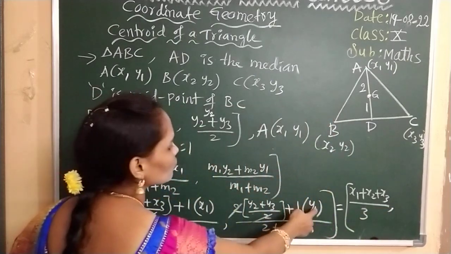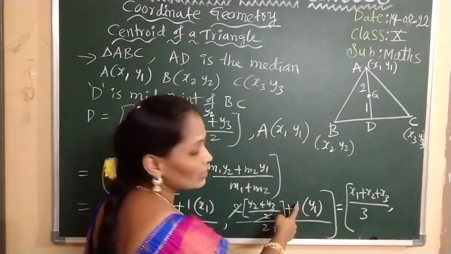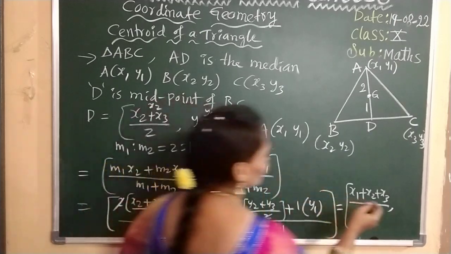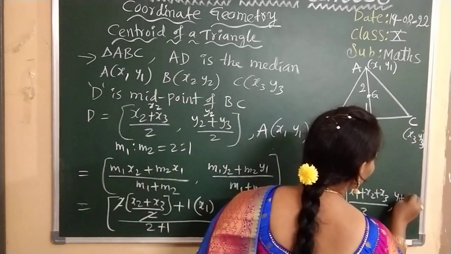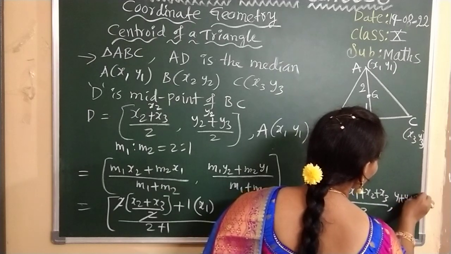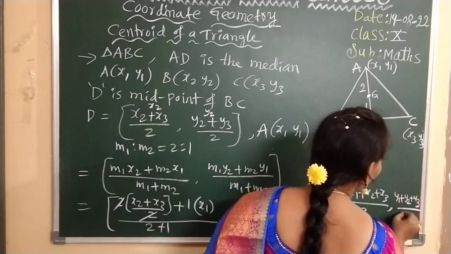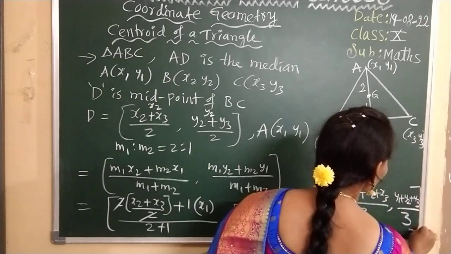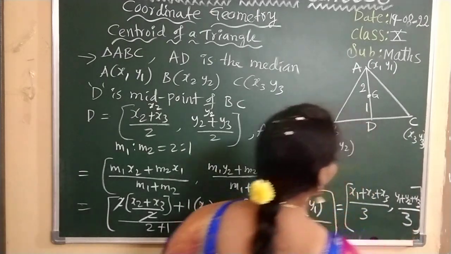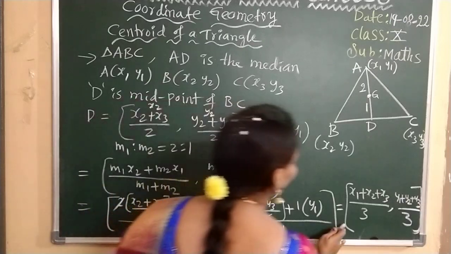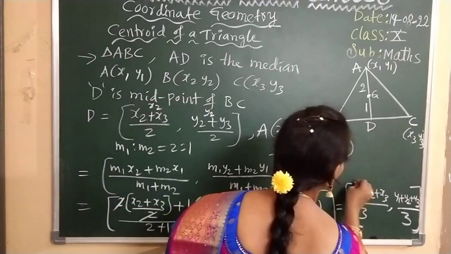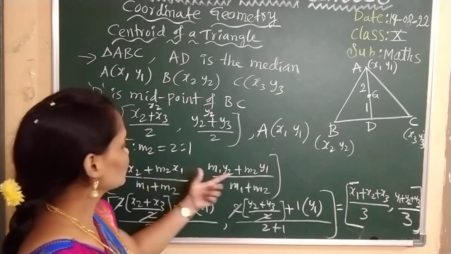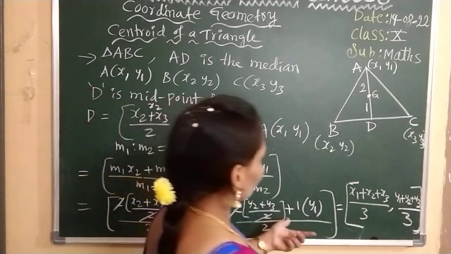Now 1 into y1 is y1, so y1 plus y2 plus y3 divided by 3. This is the section formula we applied here.